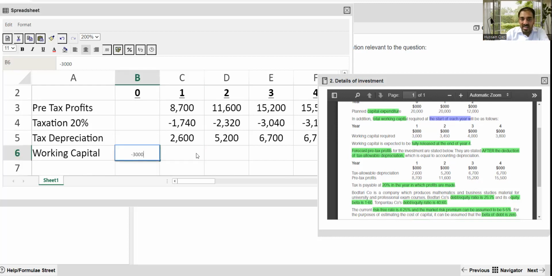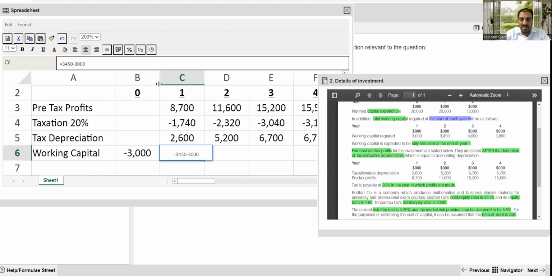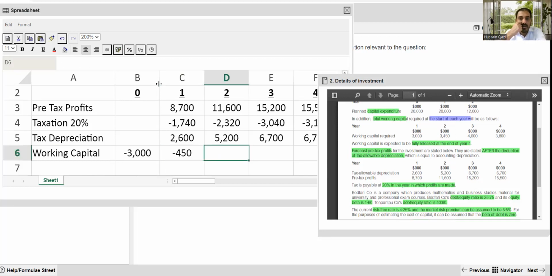So here minus 3,000. Very simple. Then year 2 start means year 1. So here 3,450 minus 3,000, or you have to work out with the minus figures. That's minus 450. It's very simple. Otherwise, you can do the working independently.